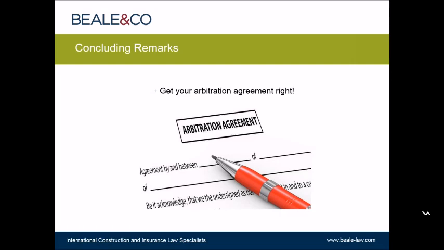Factors such as those that we have discussed in our webinar series should be taken into careful consideration. A well-known advantage of arbitration over litigation is its speed. To gain benefit of this advantage, parties must start by getting their arbitration agreement right.